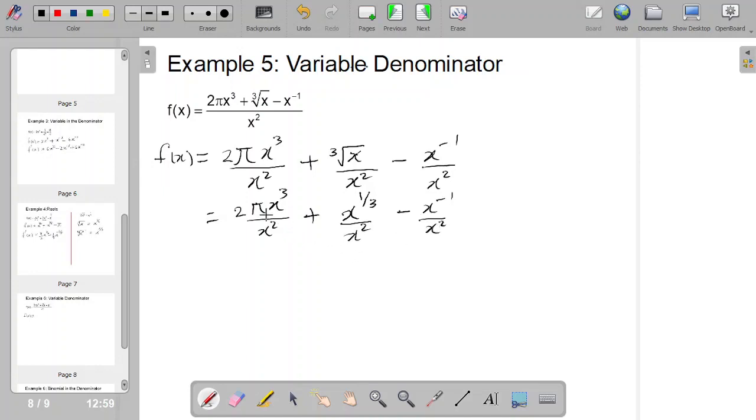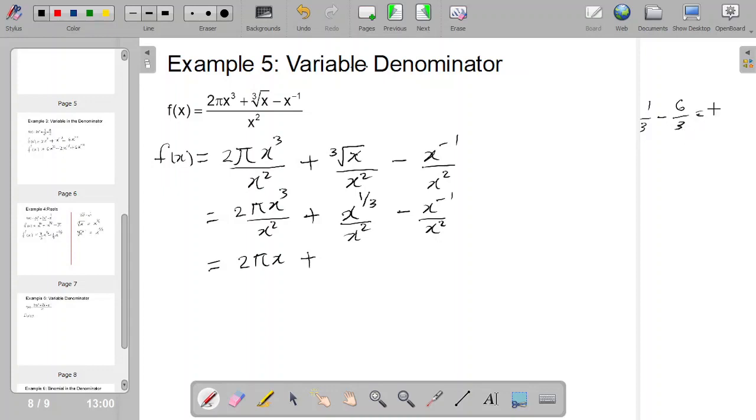And now we have to apply the laws of exponents. So 2 pi will get back, and remember, when you are dividing, you take one base and subtract the exponents. So you have x to the 3 minus 2, which is 1, invisible 1, and then you have 1 over 3 minus 2, which can be written as 6 over 3.